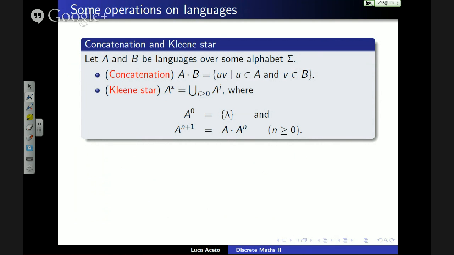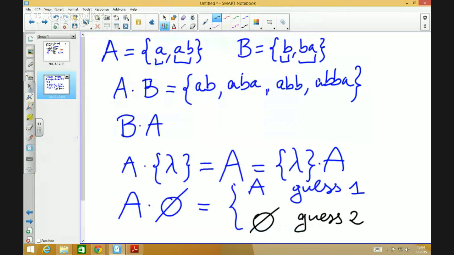Example. Suppose that my language A consists of only the string AB. What is in A star?